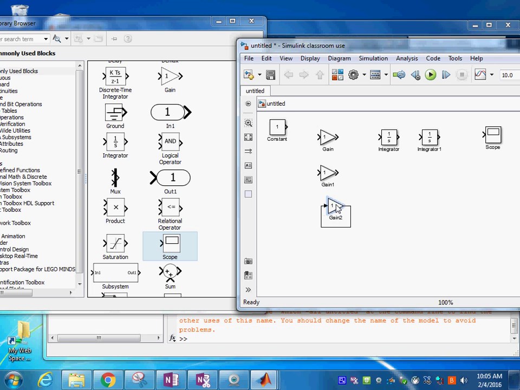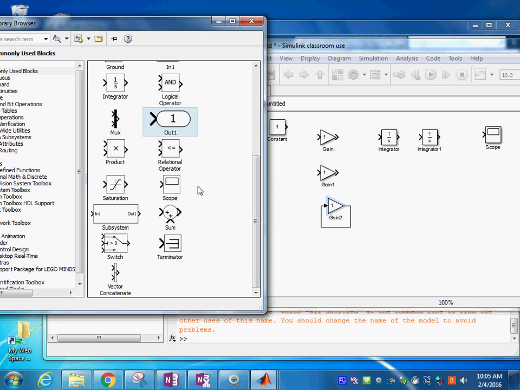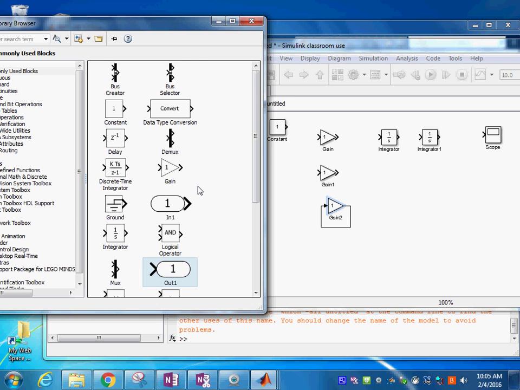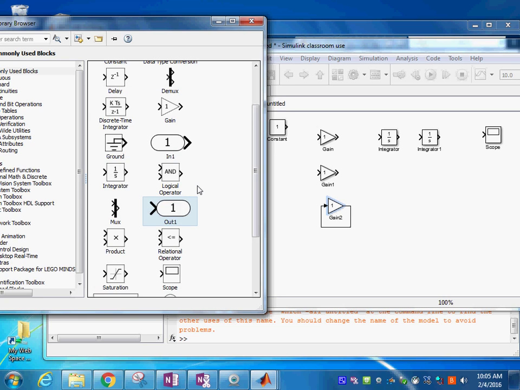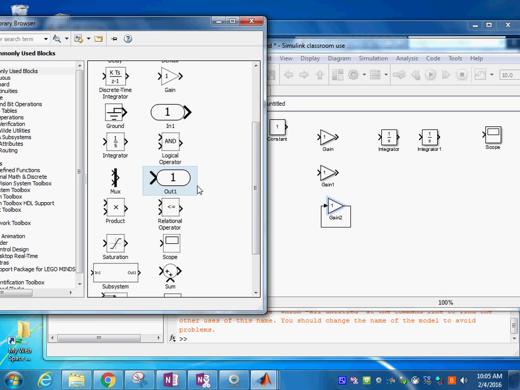There we go. Oh, I'm forgetting the summation point. That's a big deal, very important. Right here.